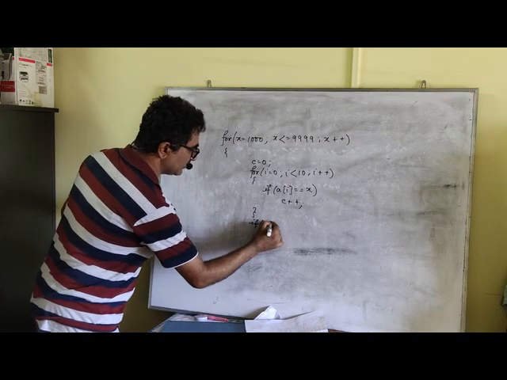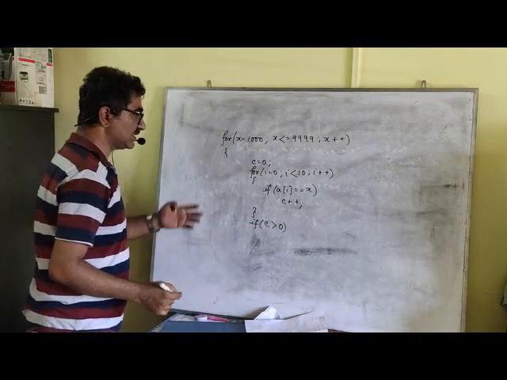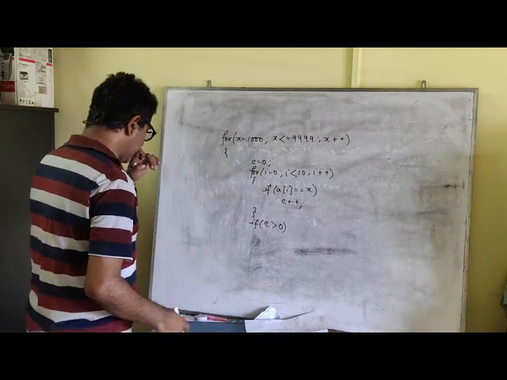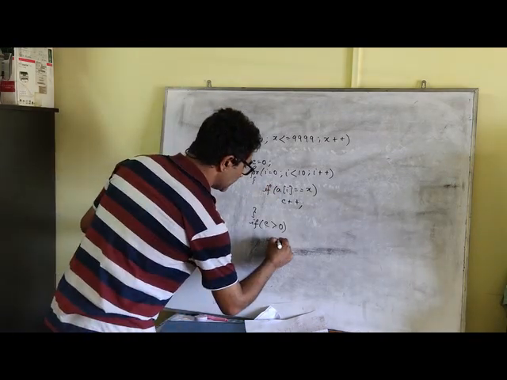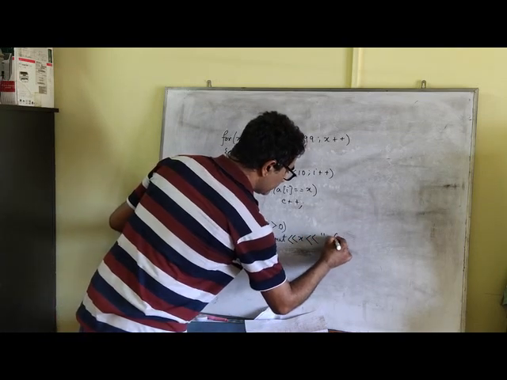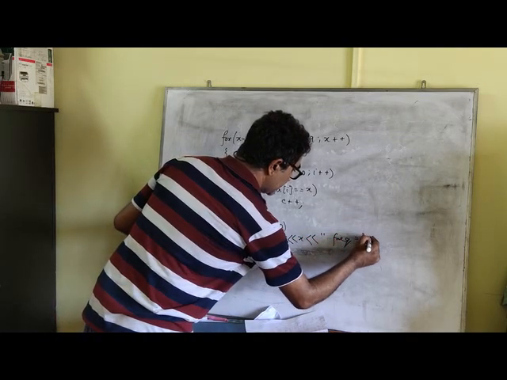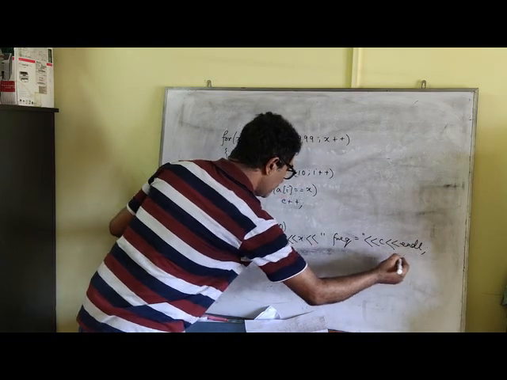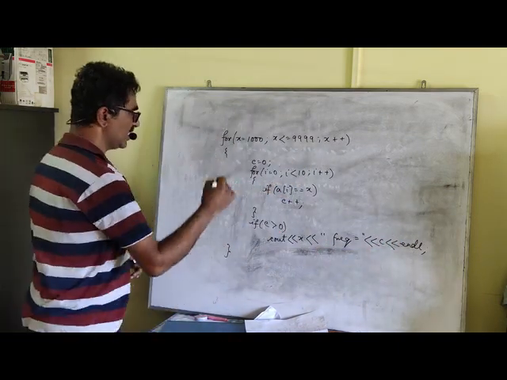At last, if c is greater than 0, that means that particular four-digit number exists within the array. In that case, I'm supposed to print that number, along with its frequency. This is what we are doing.